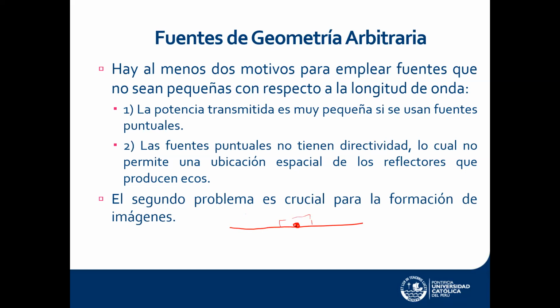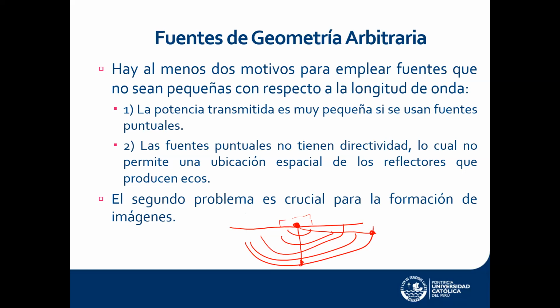But if my transducer is a point, it generates sound omnidirectionally. So if I get a reflection, I cannot say the reflector is in this location. God knows, because it could be anywhere. Maybe the reflector was miles away from the transducer, and I'm still assuming that the reflection comes from underneath the transducer at some very large depth.